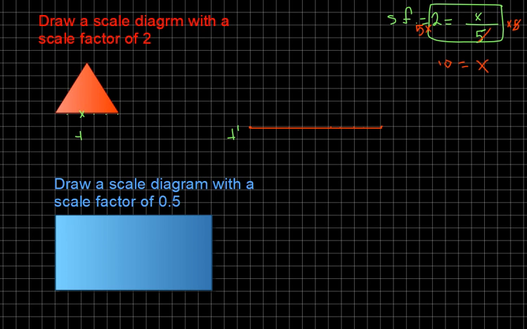To measure the height of the triangle, the height is going to go from the tip of the triangle down in a straight line. What would that be? That is going to be 1, 2, 3, 4.